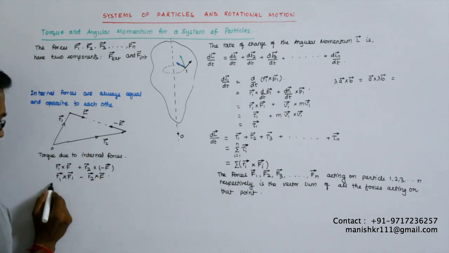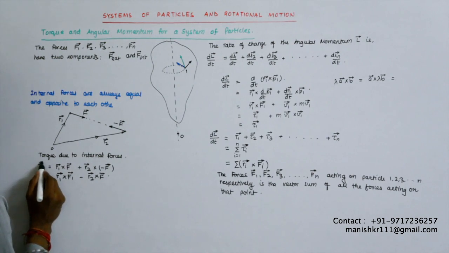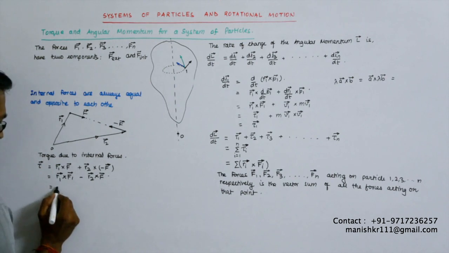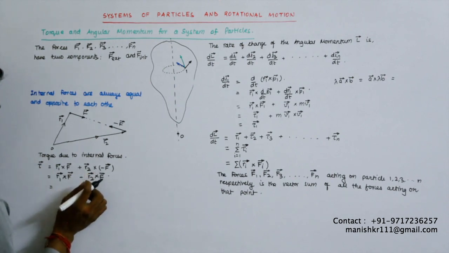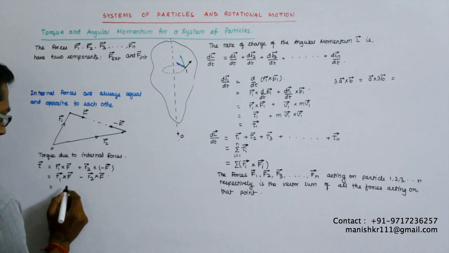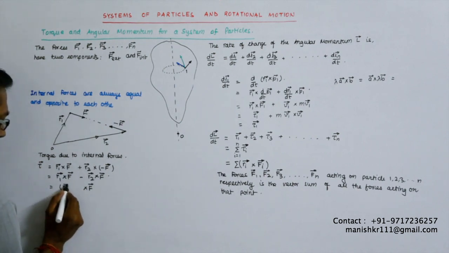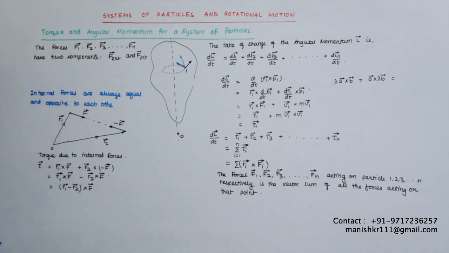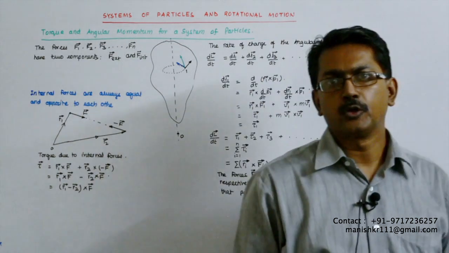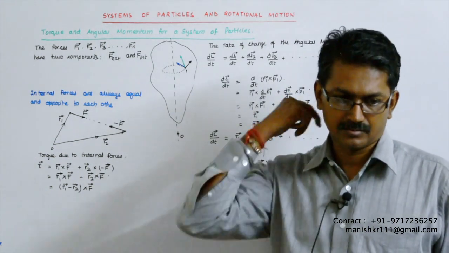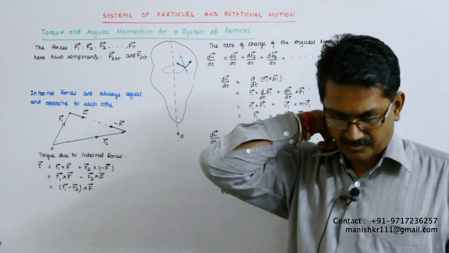What is that equal to? If I take out F like this, this becomes R1 minus R2 cross F. Can you tell me what R1 minus R2 is? R1 minus R2 is a vector. Which vector is that?